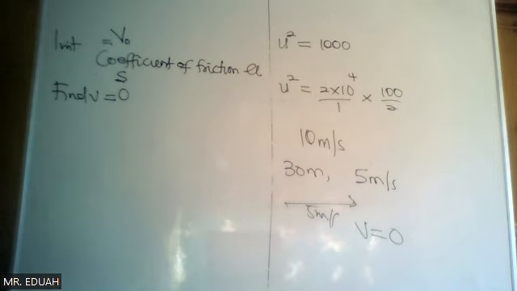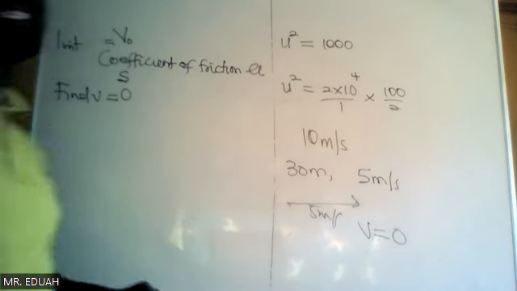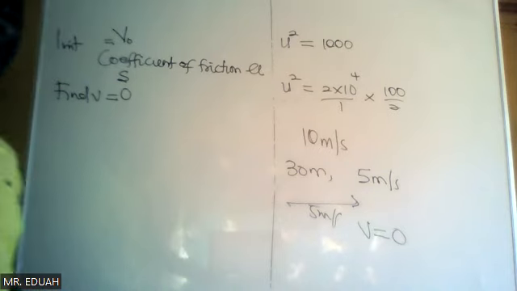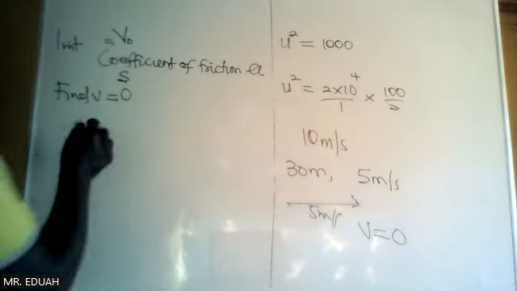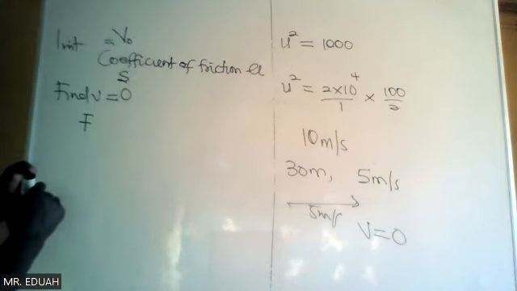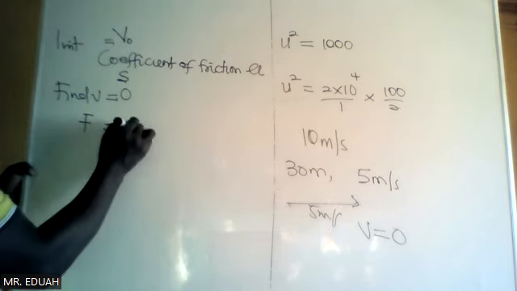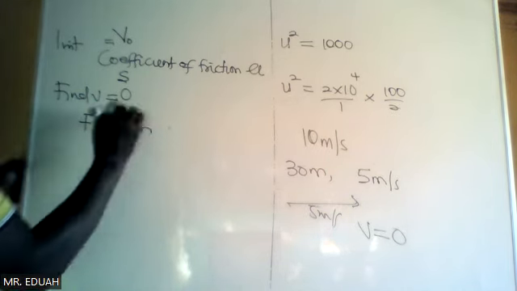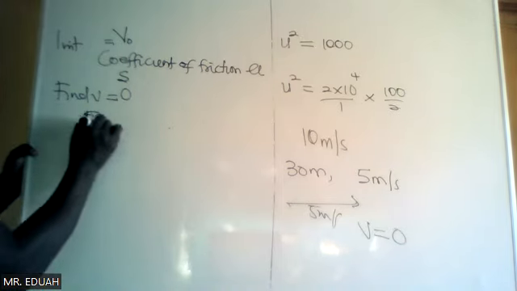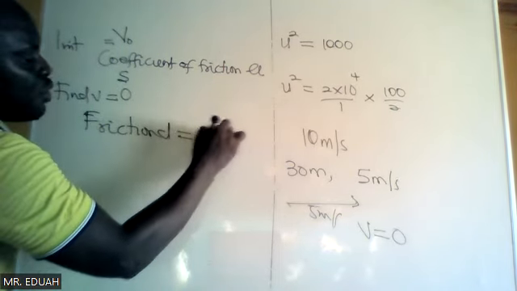Now, when a car is on a road, the external force acting on it is the frictional force. So, frictional force is the external force acting on it. And frictional force is equal to mu mg.